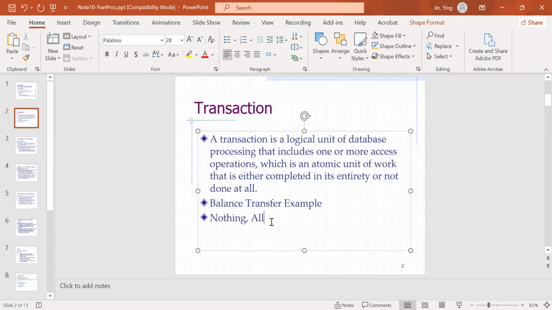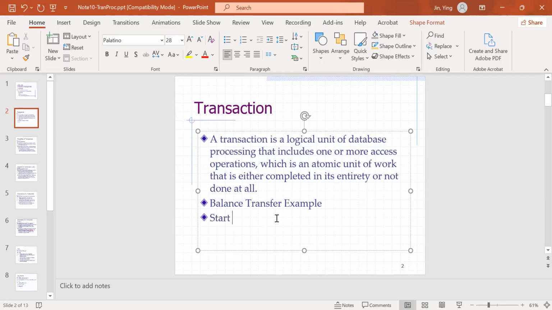Let's use a balance transfer example to show this. When we go to a bank and want to do a balance transfer, we can wrap the transfer operation into one transaction.